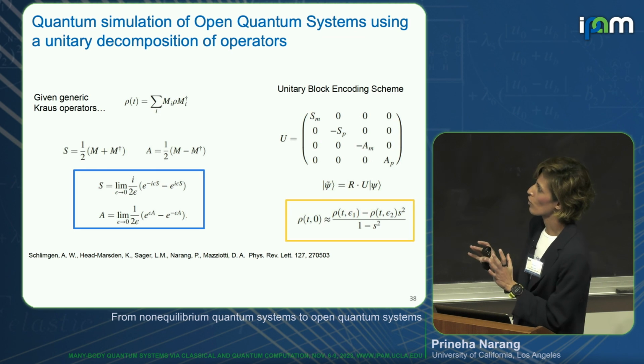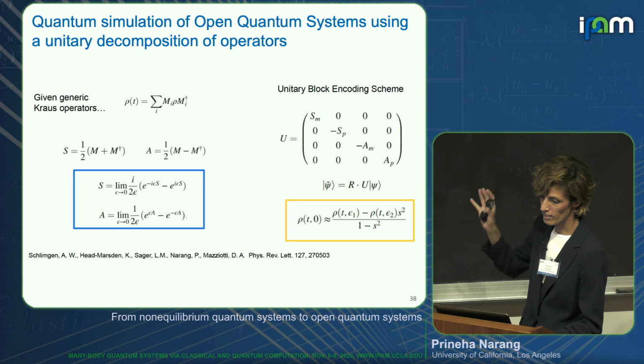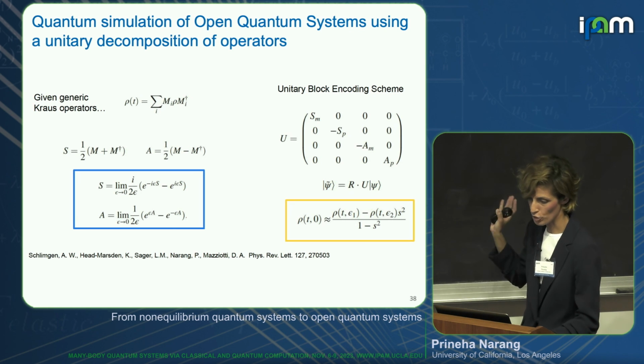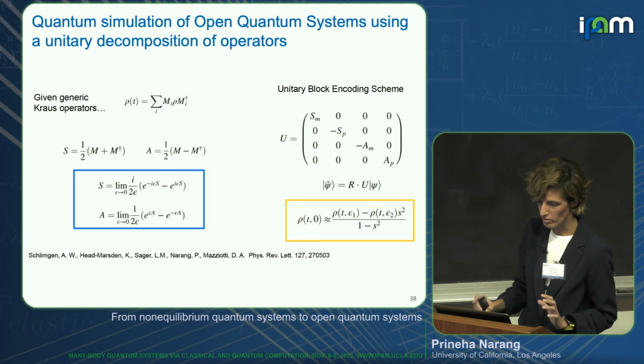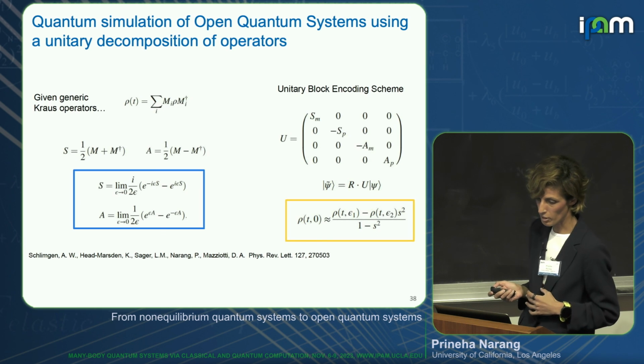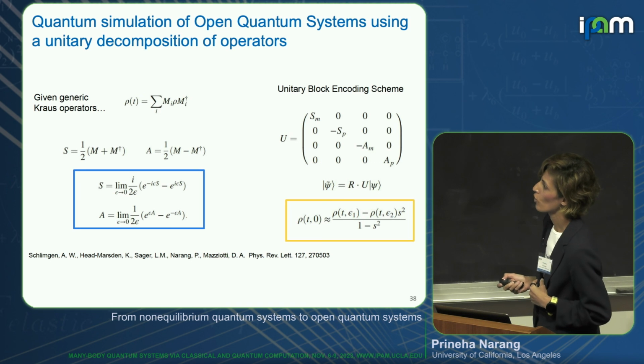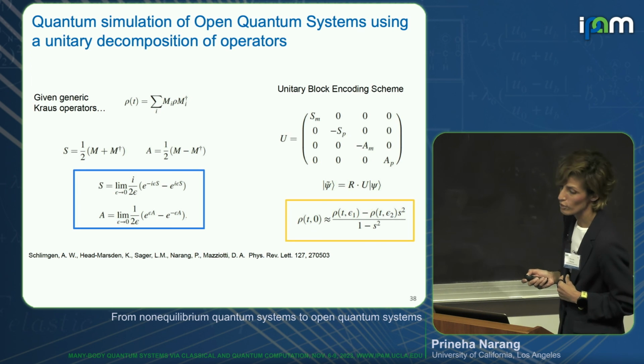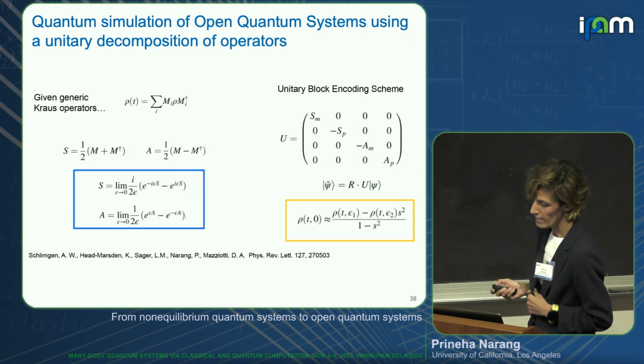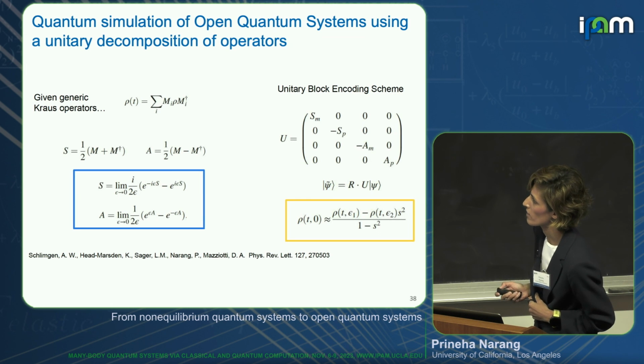We show this so far for a 2-level system, and we show it in the zero and finite temperature regimes. I'm going to run out of time here, but let me just talk about this a little bit longer. So now we use this kind of decomposition. And this decomposition holds in the limit that this parameter epsilon is small.